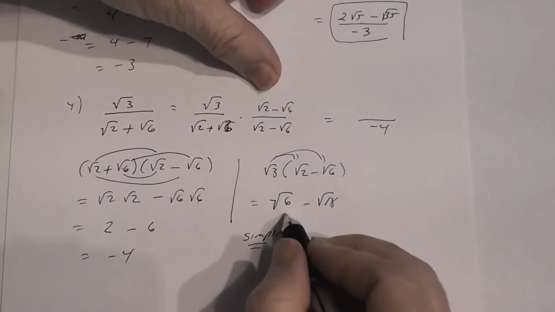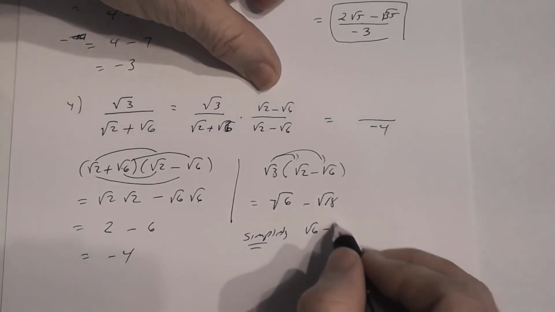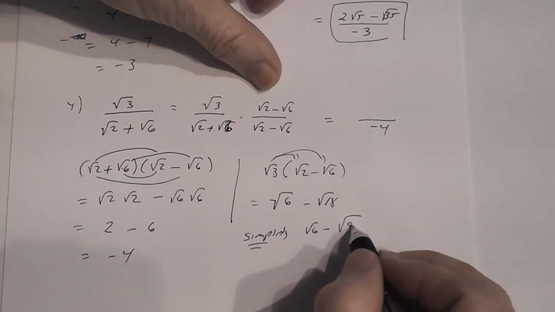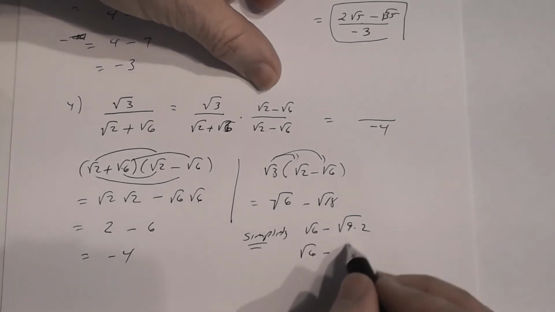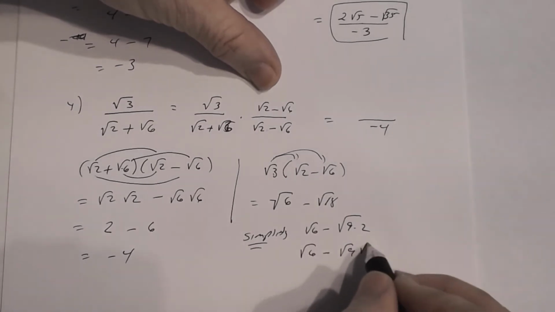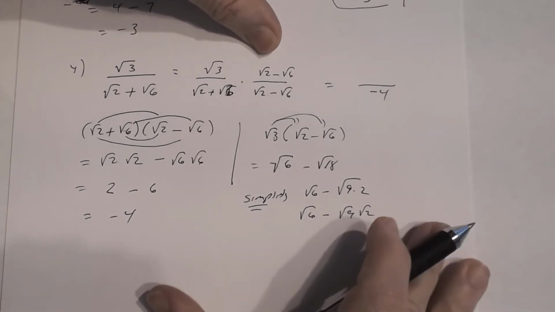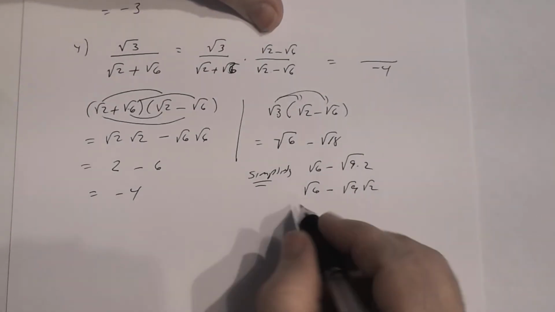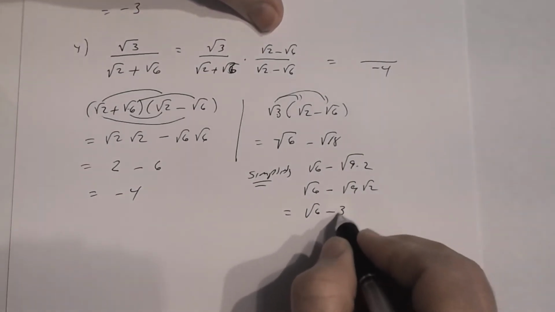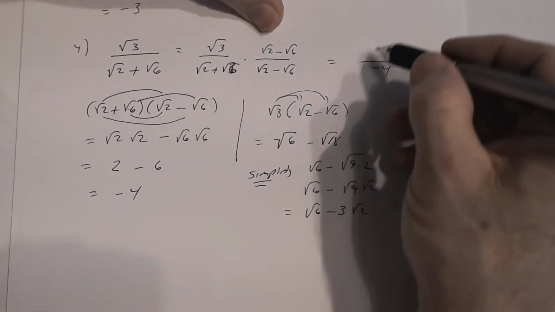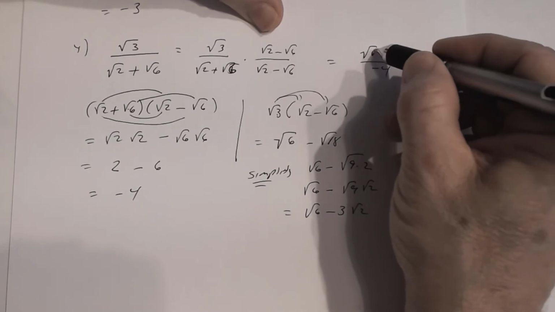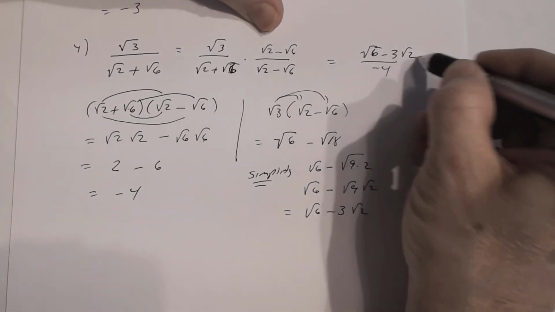So I get the square root of 6 minus, and then the square root of 18 is the square root of 9 times 2. And so this becomes the square root of 6 minus the square root of 9, square root of 2, right? And so I get the square root of 6 minus 3, square root of 2. And so that's the numerator. So that's going to go here. So the square root of 6 minus 3, square root of 2.